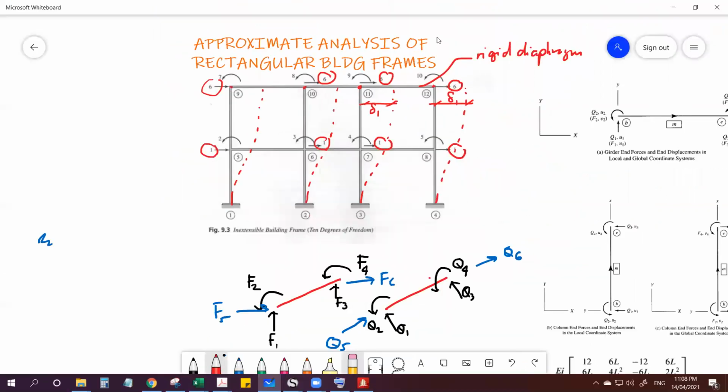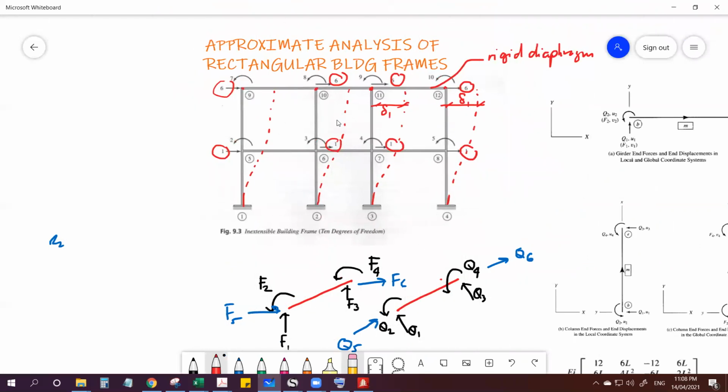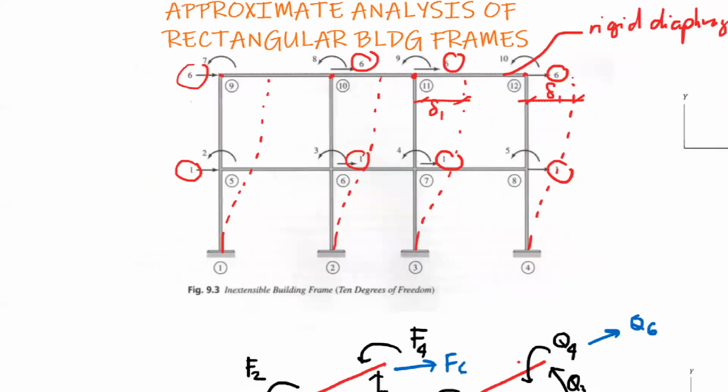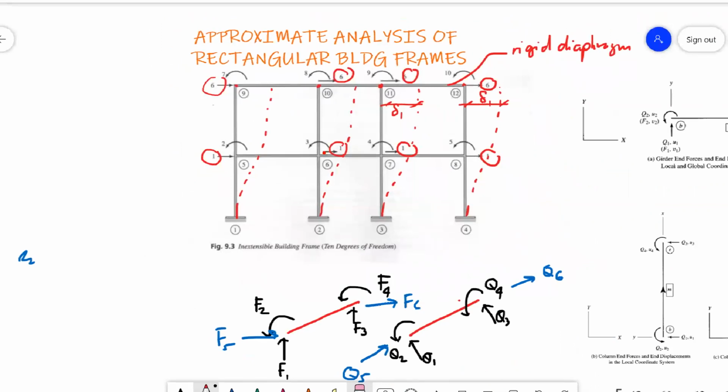Now using our approximation by using a simple beam stiffness matrix, we can analyze a rectangular building frame like this. Okay.